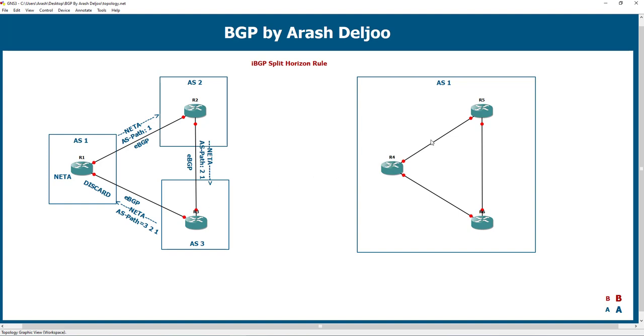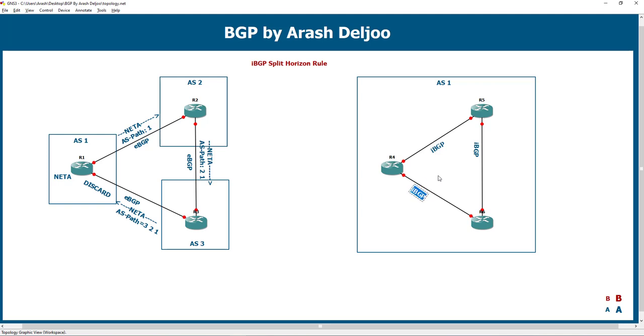But what happens in iBGP? Assume that we have iBGP between R4 and R5, another iBGP session between R5 and R6, and finally another iBGP session between R4 and R6. That's 3 iBGP sessions.